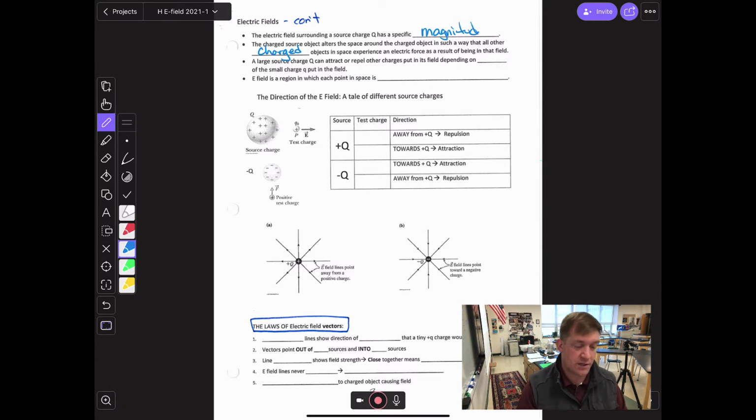The large source can attract or repel. That's a pretty key idea we've already mentioned. But other charges in its field, depending on the sign. It depends on whether it is a positive or negative charge that you're dropping in.